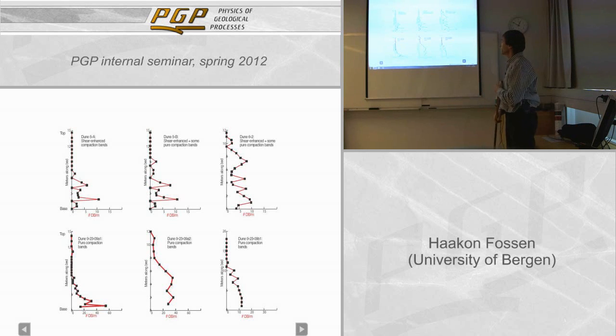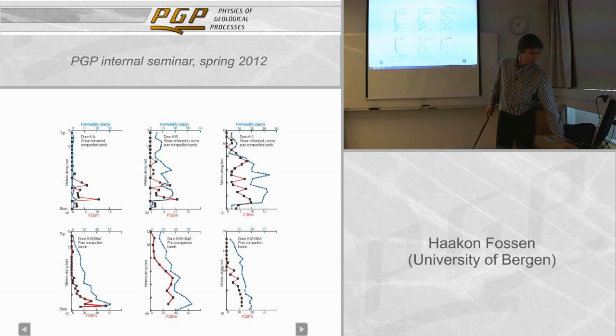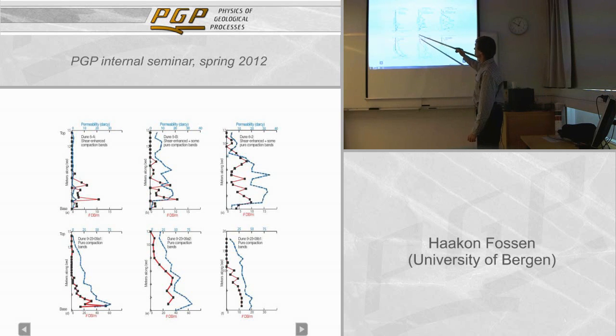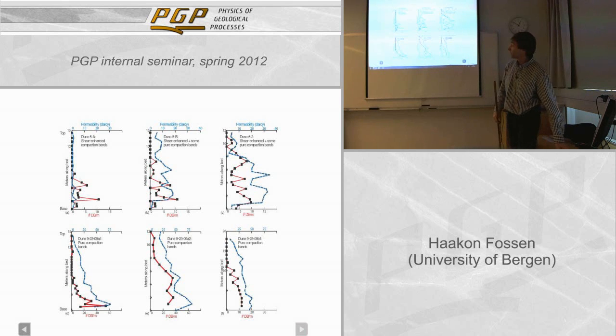And these beds look very, very homogeneous, but you get more and more deformation bands as you move down the dune, down the slip face. And if we add the permeability measurements, we see that there is an incredibly good match between density of deformation bands and permeability. So actually pretty surprising results. I mean, they look almost fabricated, these graphs, but they are not. Of course, we are scientists.